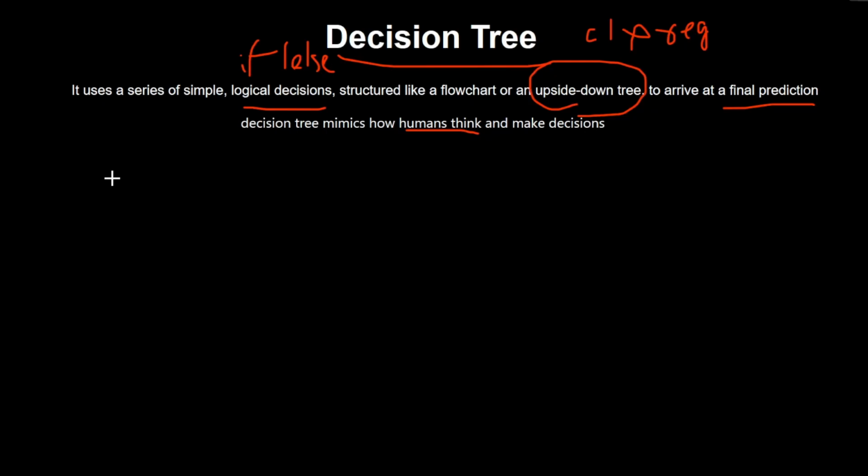Let's take an example of data where we have to predict the output variable: if we go for work or not. The features we have are the weather, if it's sunny or rainy.